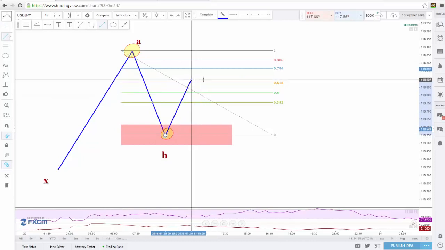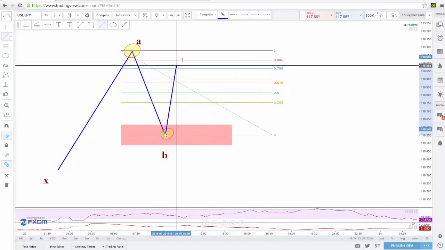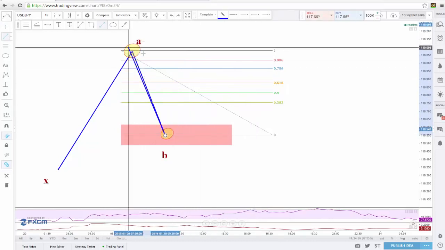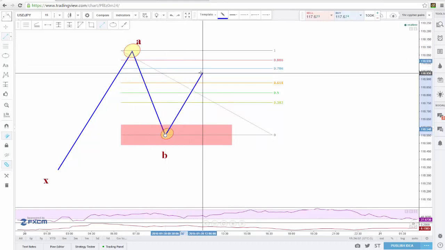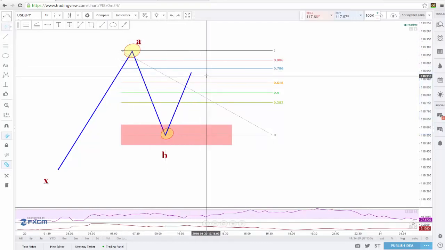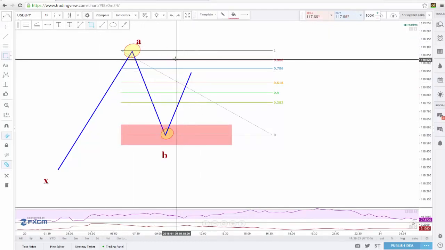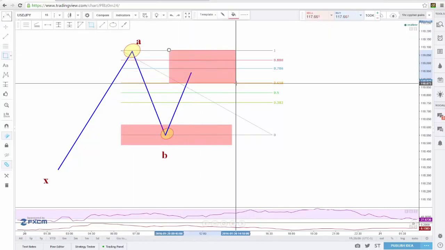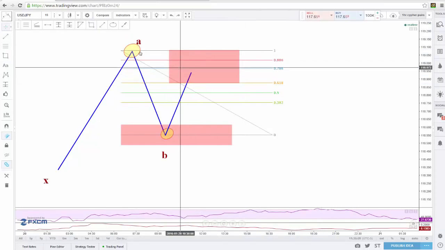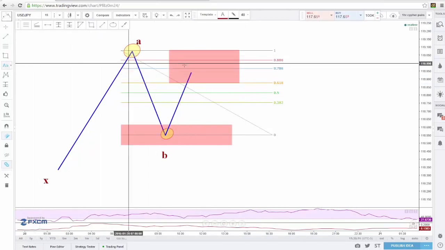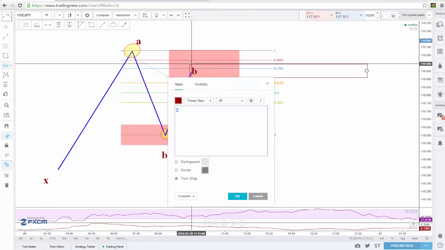It has to at least touch this 618, and it cannot go above our previous A leg. So we actually have a pretty wide zone that this C point can terminate in, and that zone looks a little something like this. So this zone here would be the termination point for our C of the advanced pattern.